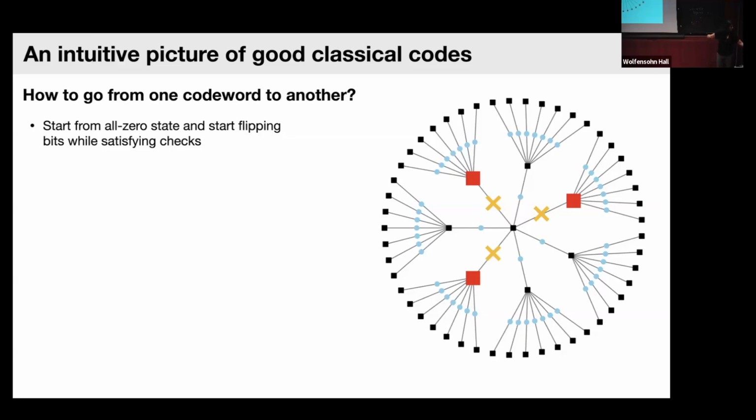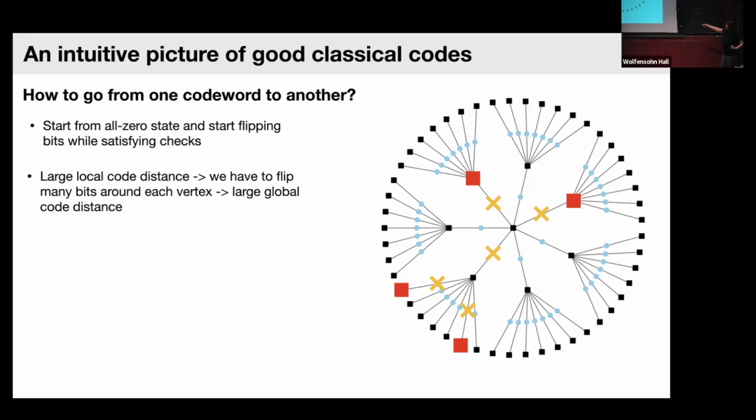Okay, so now you want to keep trying to flip bits, and as you keep flipping bits, you make some number of checks happy, but then you push this unhappiness out and you keep triggering more and more vertices. Okay, so what's going on here? The large global code distance is coming from the fact that you start somewhere and now you need to flip many bits locally to make this local code happy.